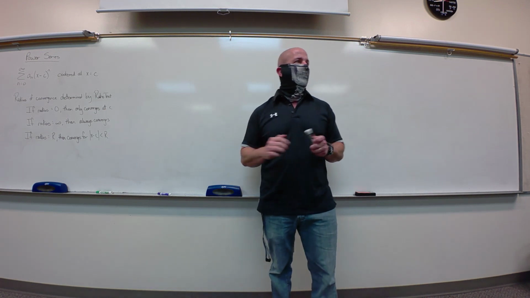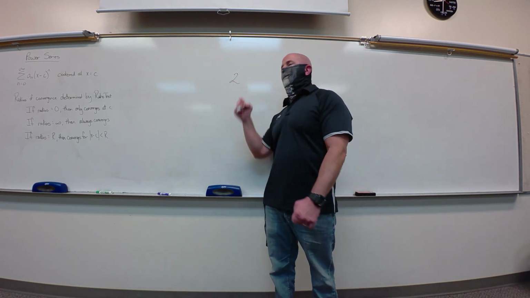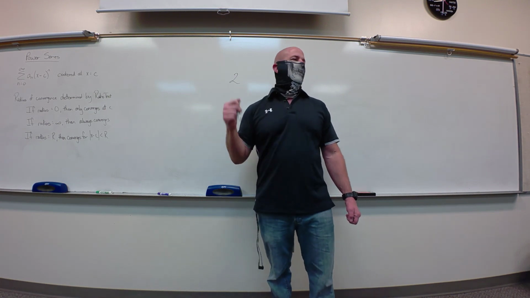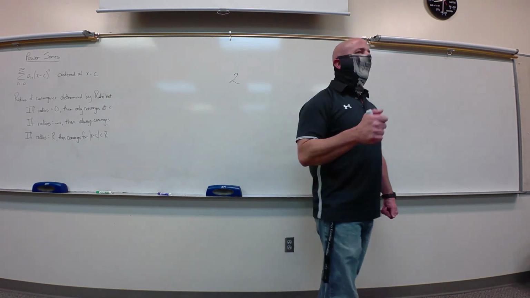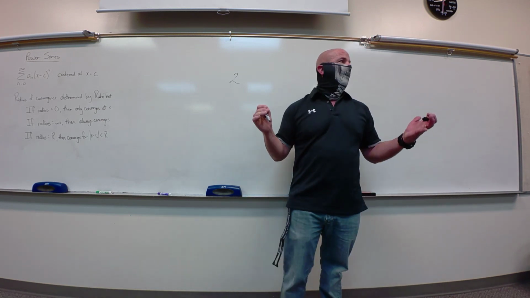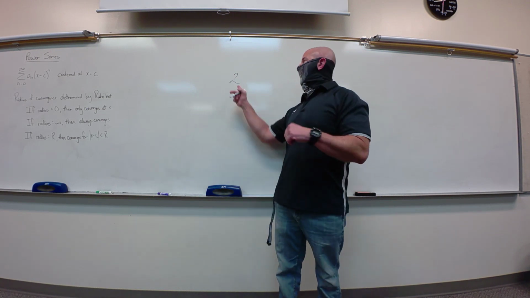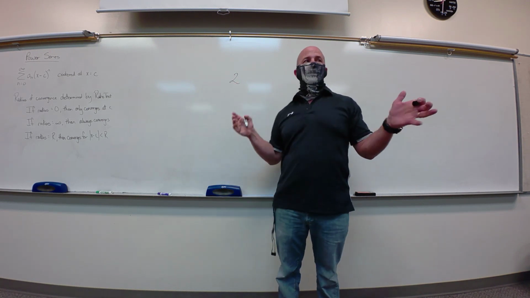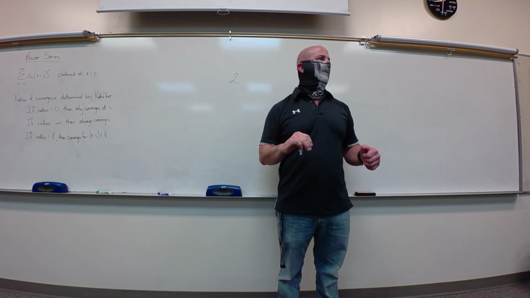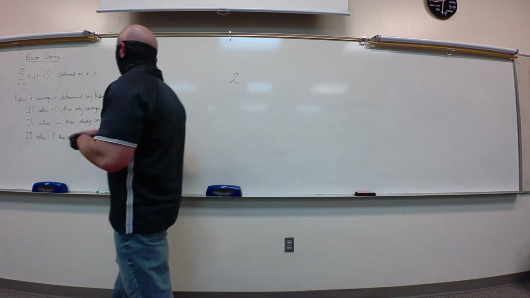So if the center was 2 and the radius was 0, then that's all it converges at. If it was centered at 2 and the radius was infinity, then it would converge everywhere. The radius is how far you go left and right of the center. So if you went left infinity and right infinity of 2, you'd get negative infinity to infinity. That makes sense? That's why I'd say it always converges.